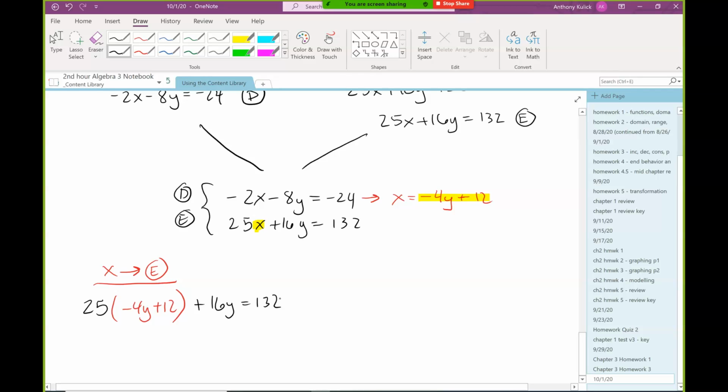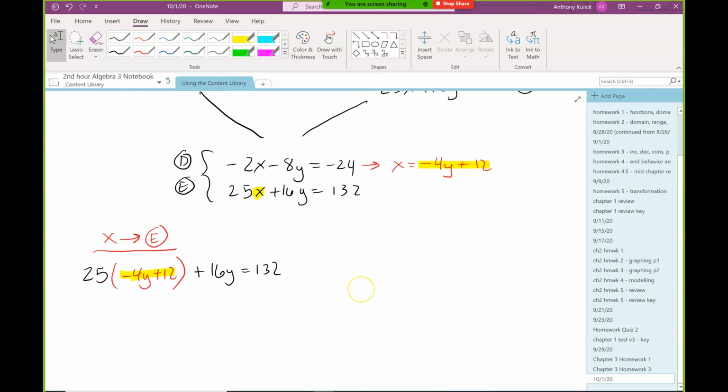Okay. So now I've substituted my equation for x into equation E. Now I'm going to simplify things down. So I'll distribute that 25 through. 25 times -4 is -100. 25 times 12 is 300.